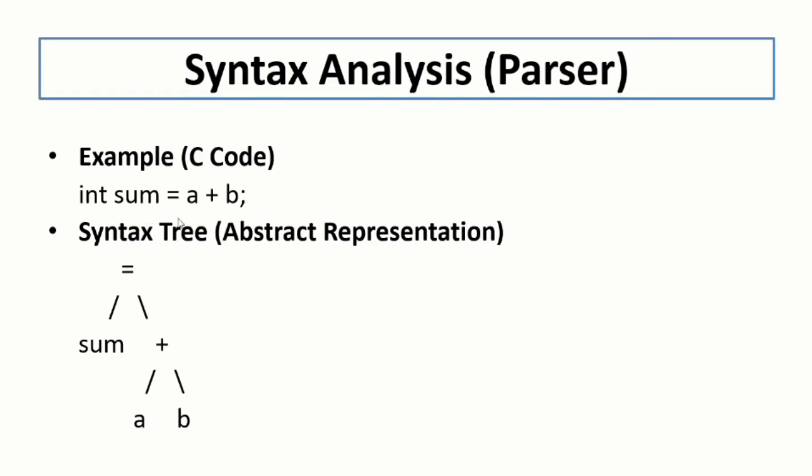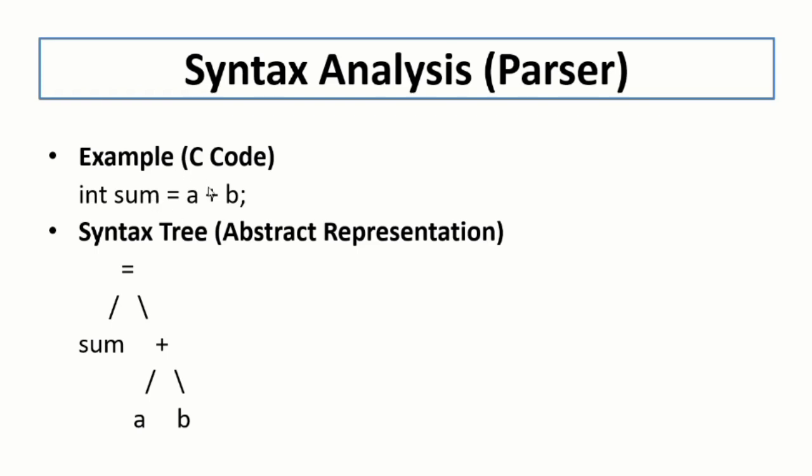In this expression, we are performing the addition operation. In a + b, plus is an operator, and a and b are operands. Then evaluate a + b and assign the result to sum. In this expression, we have two operators, plus and equal. With plus we are performing the addition operation, I mean we are evaluating, and the result is assigned to the sum variable.